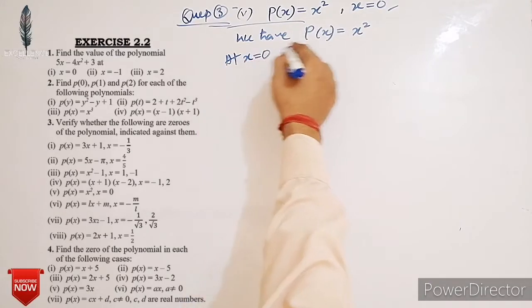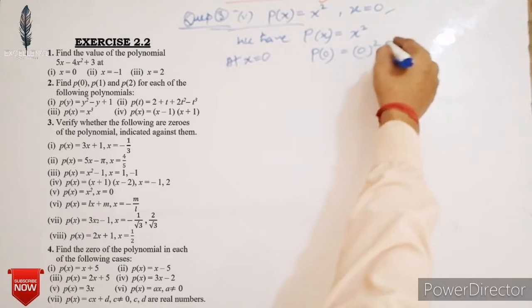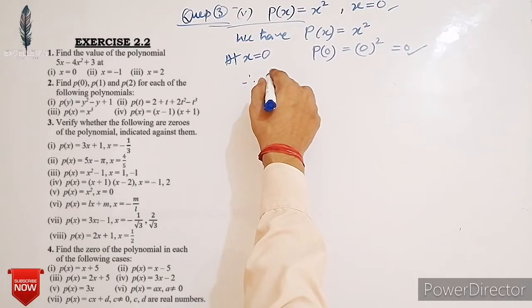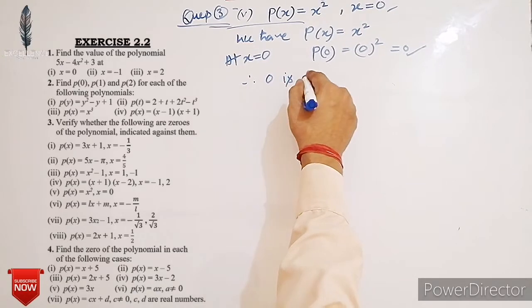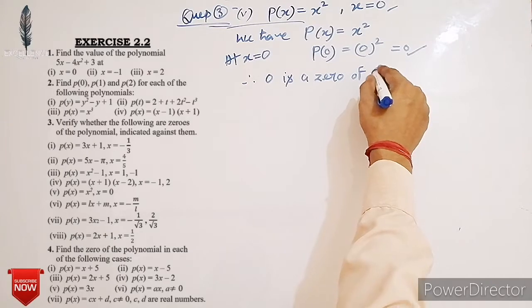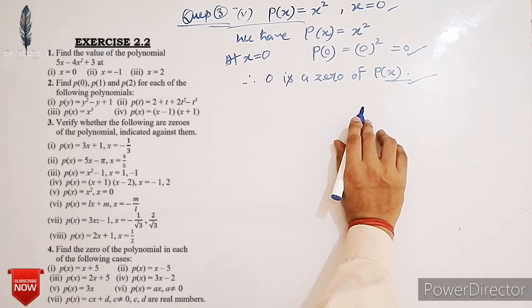At the value of x = 0, p(0) = 0 square = 0. So 0 is a zero of p(x). Okay.